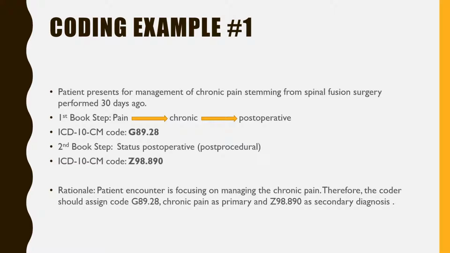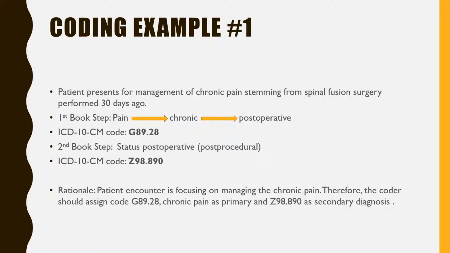In our second book step, because the chronic pain is stemming from spinal fusion surgery that was performed 30 days prior, we're going to go to status because the patient is currently status post-surgery or status post-procedure. Once we drill down, our ICD-10 code should be Z98.890. The rationale for this: the patient encounter is focusing on managing the chronic pain.